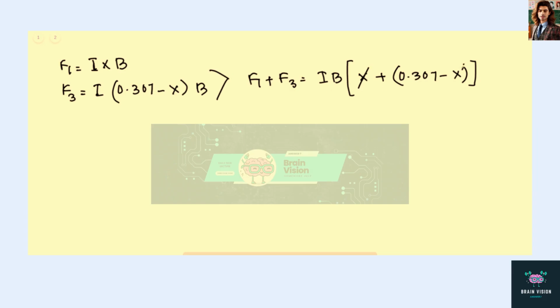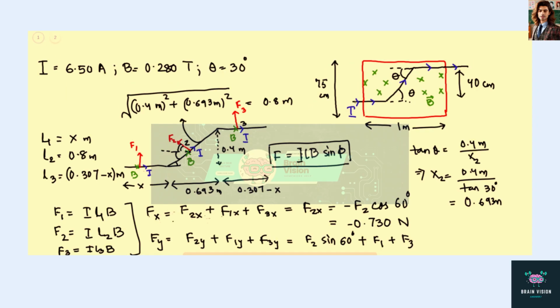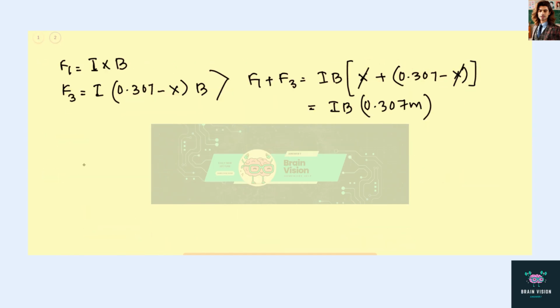So x and x cancel, and this is just IB times 0.307. Now we can write meter here. So this is basically the sum of the lengths of the segments 1 and 3. So we calculate this, and this value comes out to be 0.559 Newton.